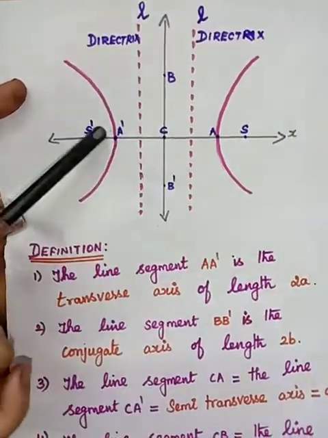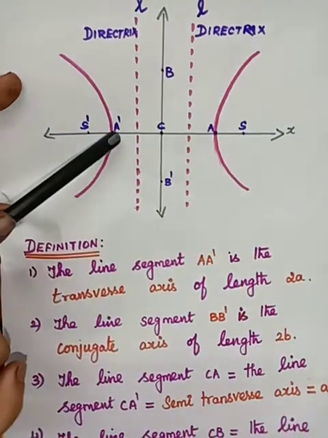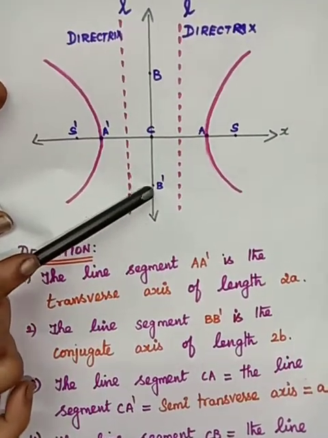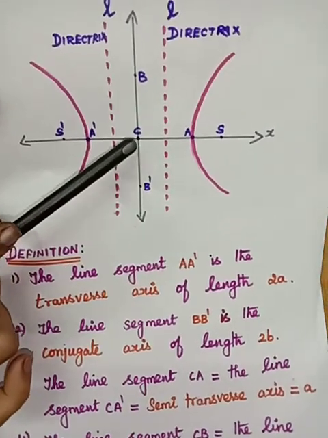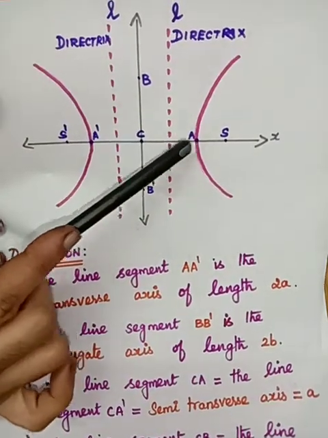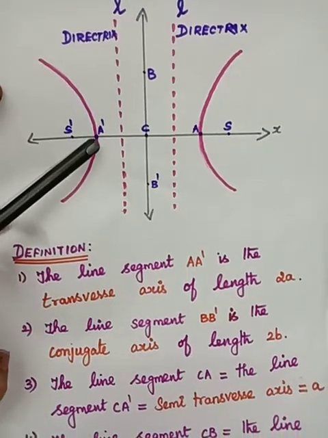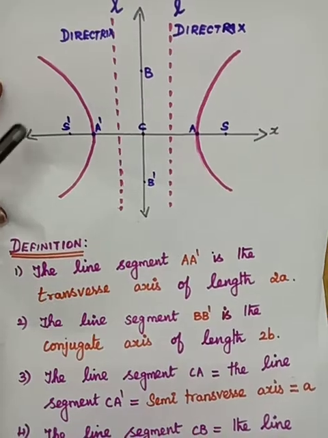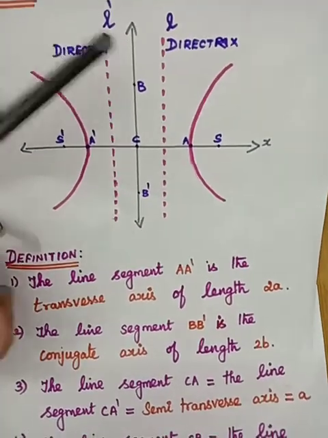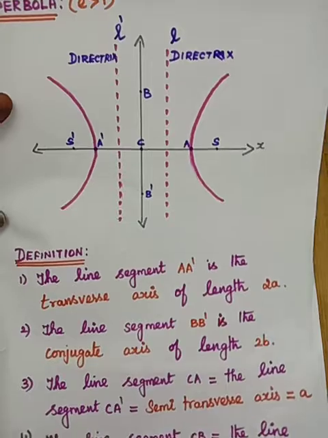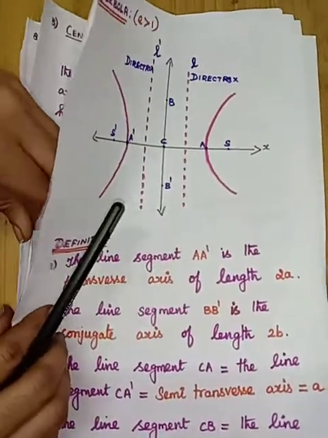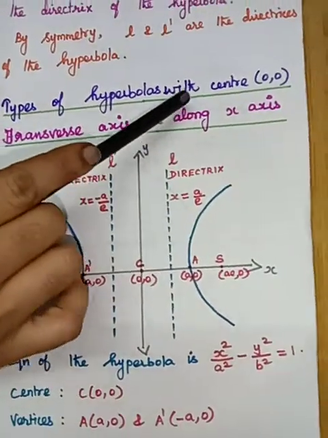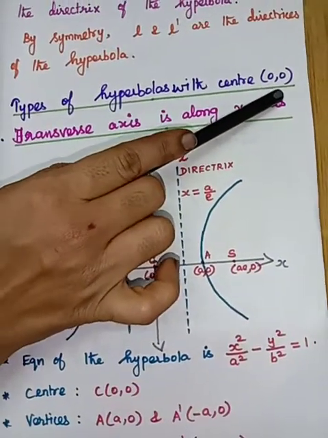A'A is called the transverse axis, B'B is called the conjugate axis, C is called the center, A and A' are the vertices, S and S' are called the foci, and the lines L are called the directrices of the hyperbola. So now we are going to see the types of hyperbolas with center (0, 0).